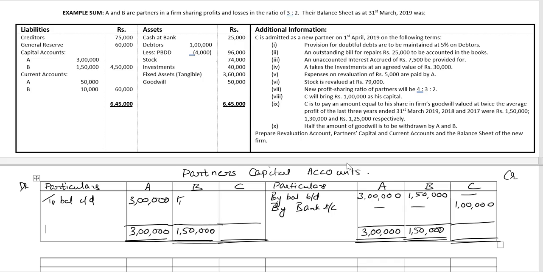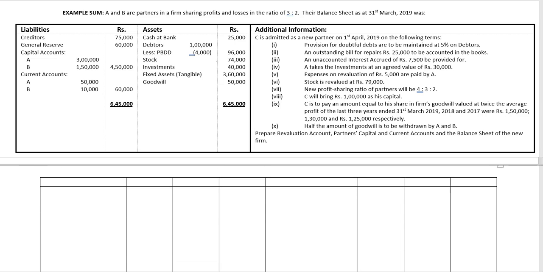And the balance carried down for B is also 1,50,000 rupees. Total for partner C, rupees 1 lakh. Balance carried down for partner C is also rupees 1 lakh. So we've prepared the partners' capital accounts.